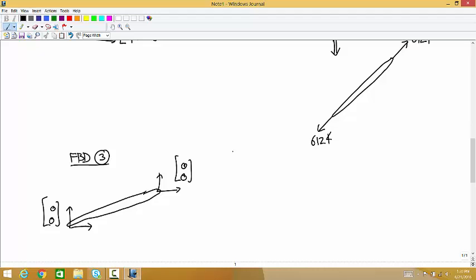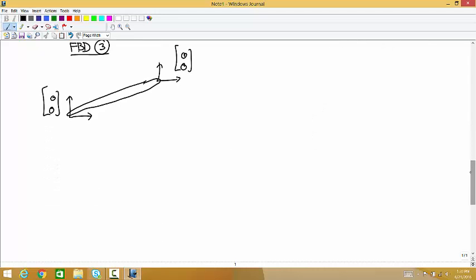So let's see how we would do that. So this is the two-force member simplification.